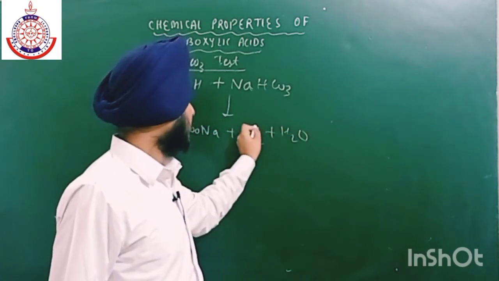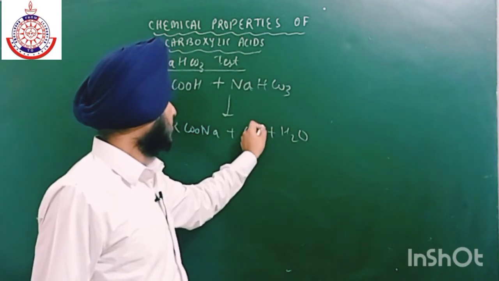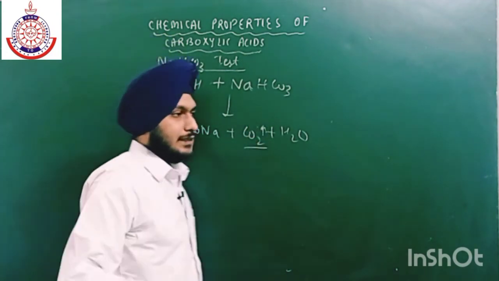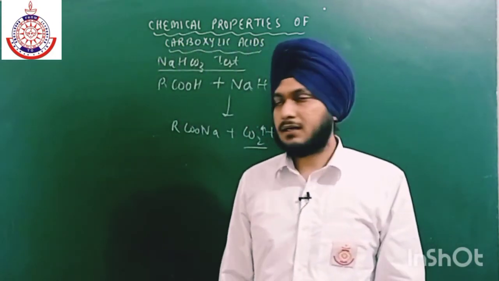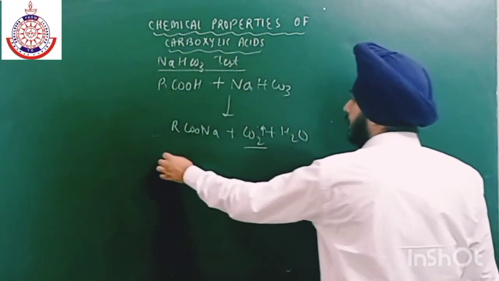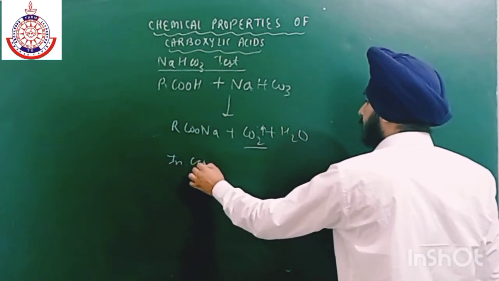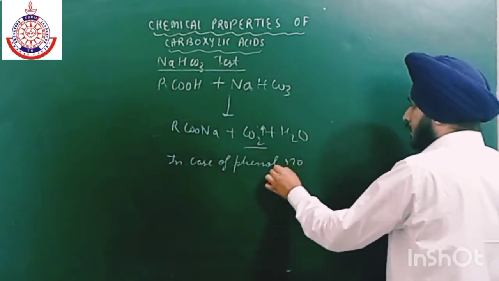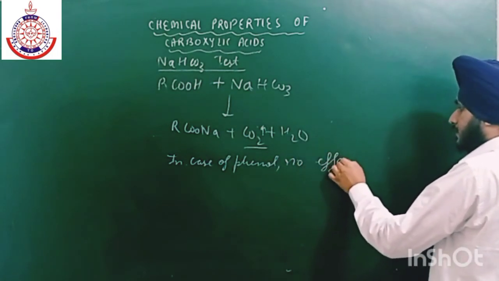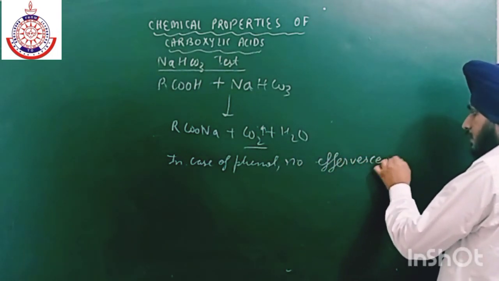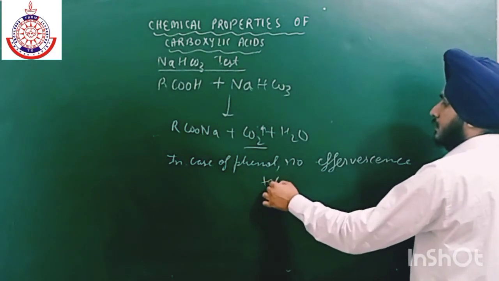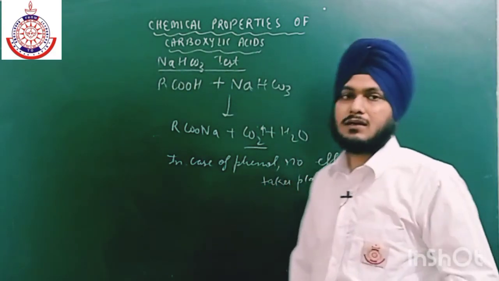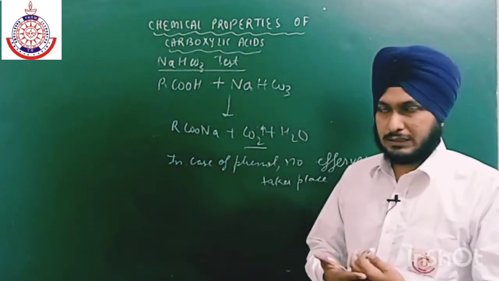So due to the evolution of this CO2, a brisk effervescence takes place. But in case of phenol, no effervescence takes place. So this is the main difference between phenol and carboxylic acid.